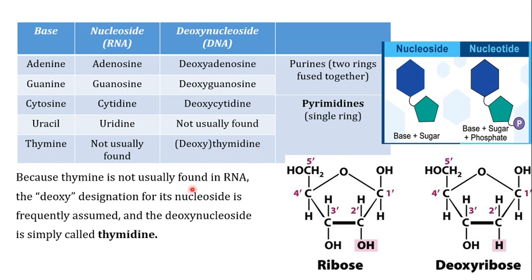Now because thymine is usually not found in the RNA, this deoxy designation for its nucleoside is frequently assumed, and the deoxynucleoside is simply called the thymidine. So whenever you see the term thymidine, it simply means that you are talking about the deoxy form. So deoxythymidine or thymidine are actually referring to one and the same thing.